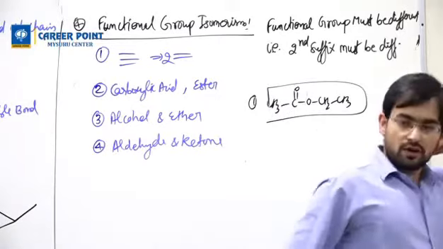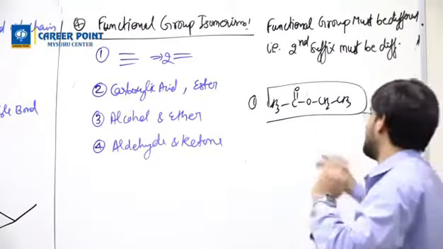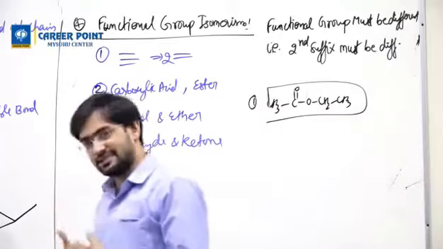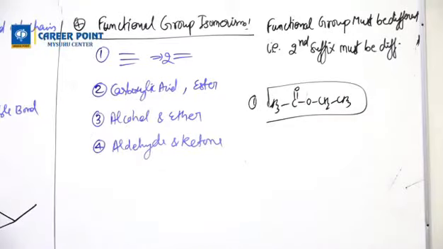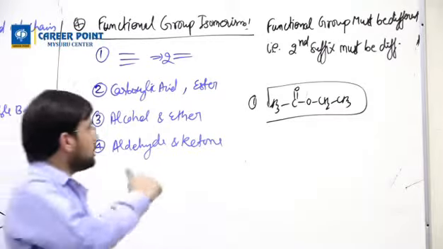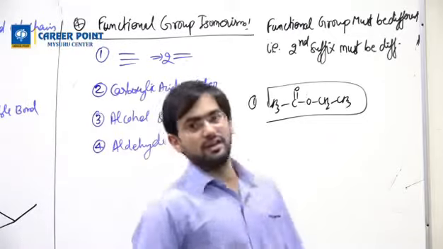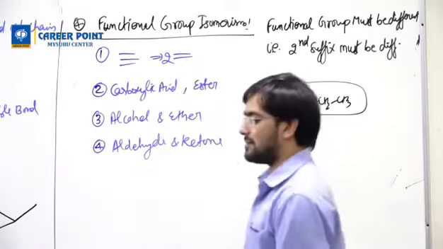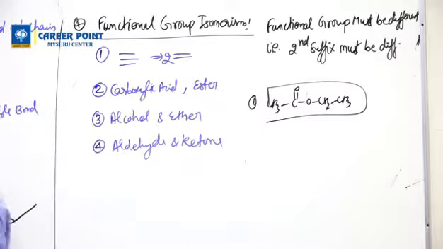First you need to understand which functional group is given to you. Once you know which functional group it is, you should know which series it comes in. Then you have to draw the other structure keeping the same number of carbon atoms. That's how we solve.